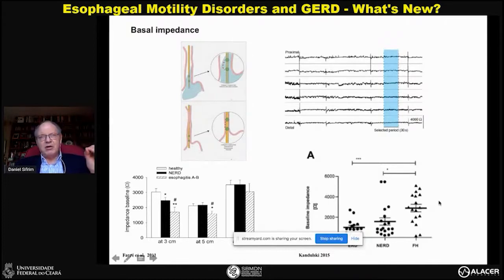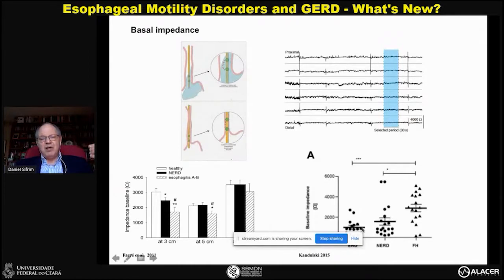So to put it in a simple example, if I have a patient with symptoms, they do not respond to PPI, endoscopy is negative, and the acid exposure is 4.5. And I want to know if the patient has functional heartburn or NERD.